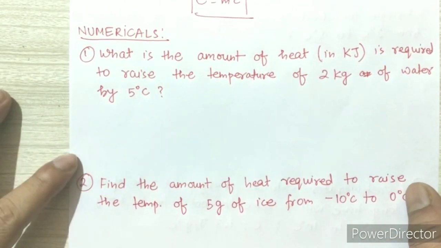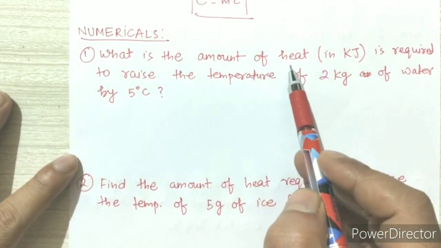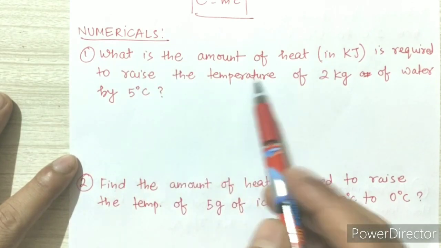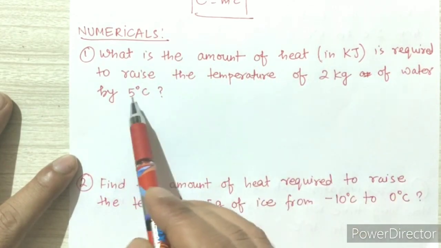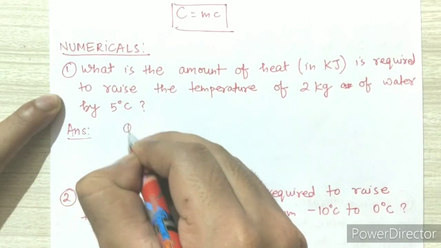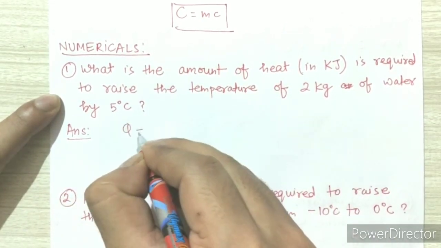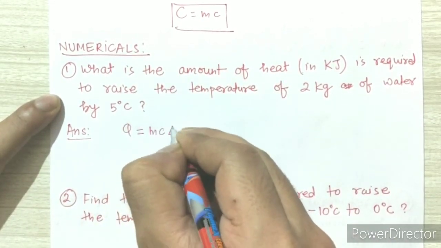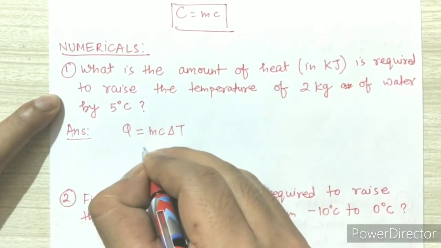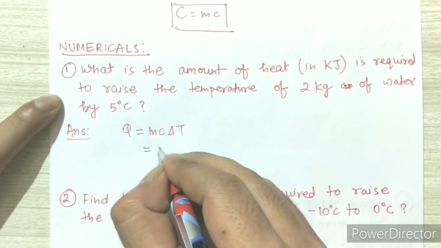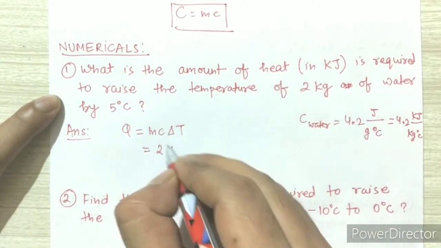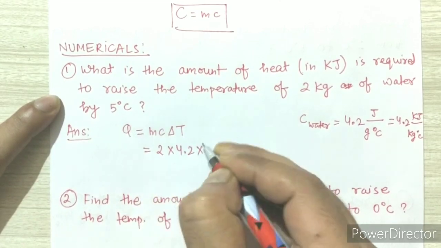In question number 1, what is the amount of heat in kilojoule required to raise the temperature of 2 kg of water by 5 degrees Celsius? As we know, heat given or taken from a system is equal to mc into delta T. Here mass given is 2 kg. And what is specific heat of water? 4.18, or 4.2.